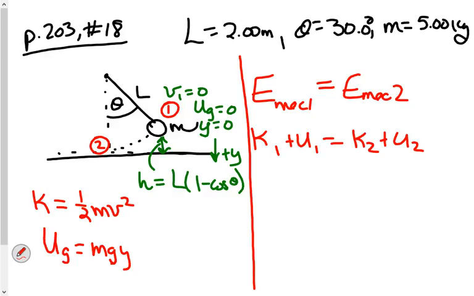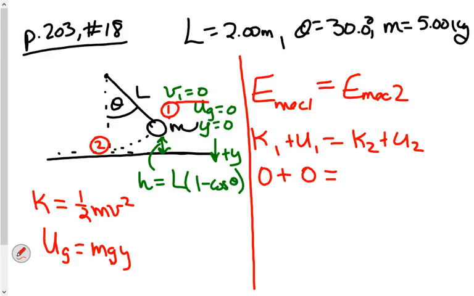So if up here at position 1, v1 is equal to 0, what does that tell me about the kinetic energy? It's 0. What's the gravitational potential energy at position 1? 0, because that's where we set it equal to 0.